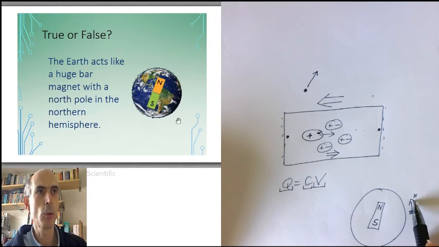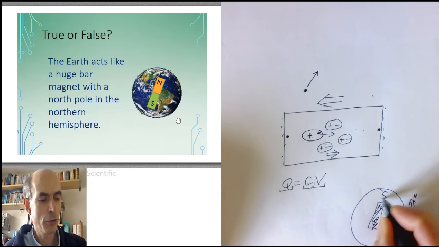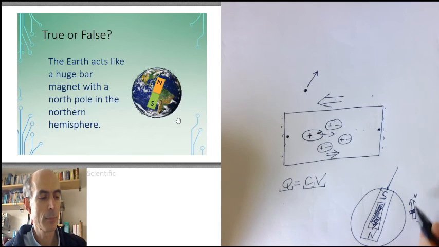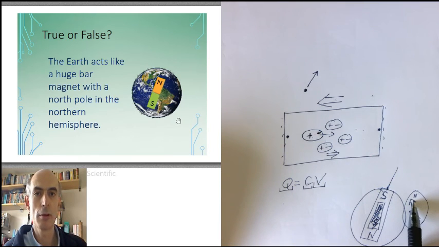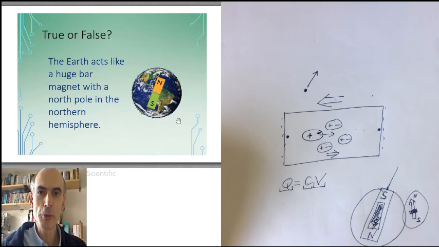So if the north pole is going to be pointing north, then there has to be a south pole inside the Earth towards the north pole of the Earth, so that the north pole of a magnet, i.e. a compass, will point north. So, rather bizarrely, there's a big south pole near the North Pole, and there's a big magnetic North Pole near the geographic South Pole.